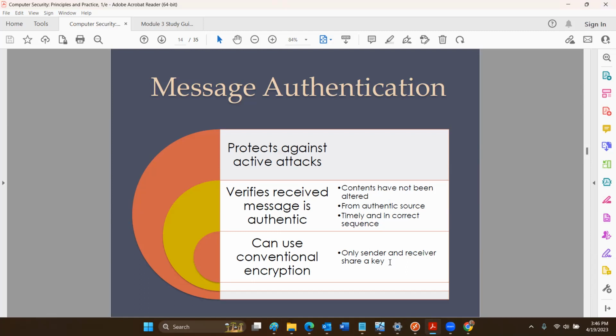So only the sender and the receiver share the key, right? So when you're using symmetric ciphers for message authentication, only the sender and the receiver share the key. And this is a big deal, the fact that the message is authentic, it comes from the proper source, and the sequence of characters or words are valid. That's a big deal, right?